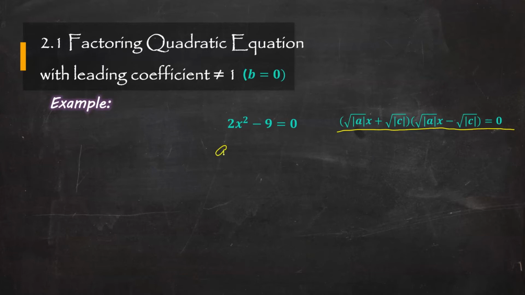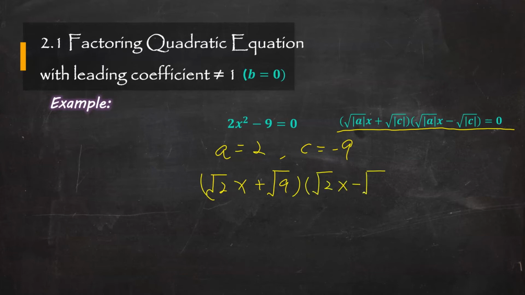This is the expression after factoring. Here a is 2, and our c here is negative 9. So now we can do square root of 2 times x plus square root of 9, times square root of 2 x minus square root of 9, equals 0.